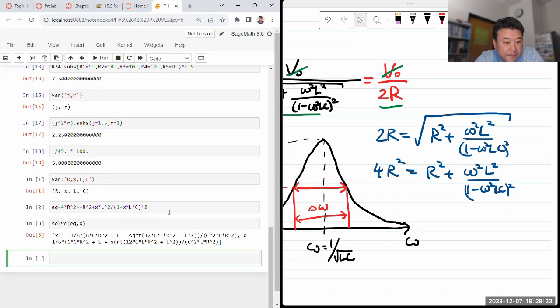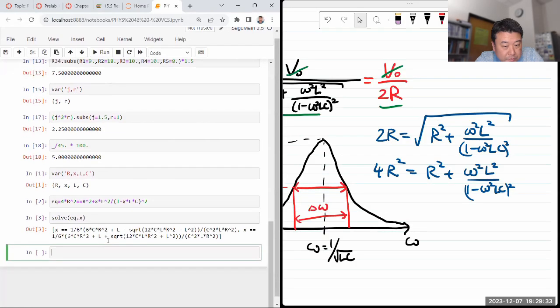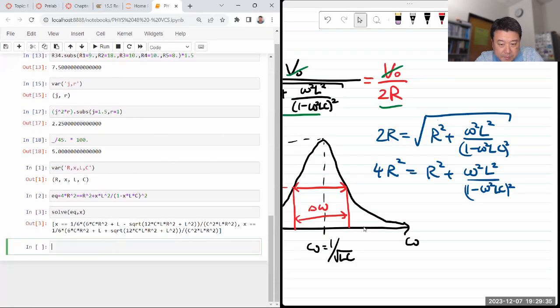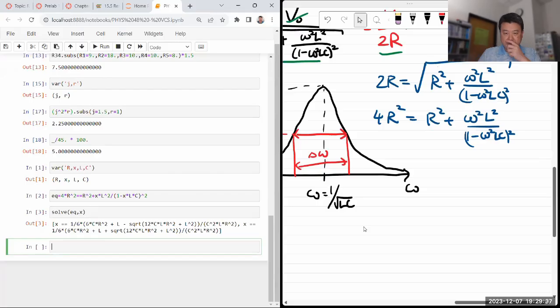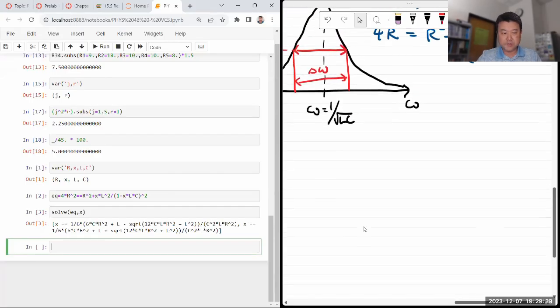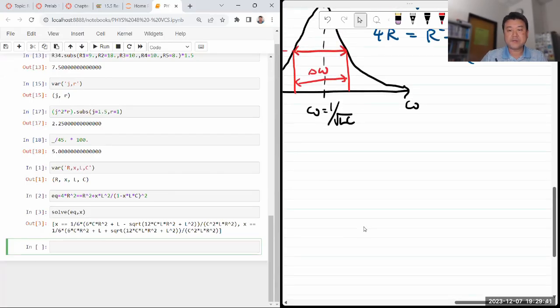Let's see. It looks super complicated, but I think I can write it down and make some sense of it. So let's write down our omega squared.